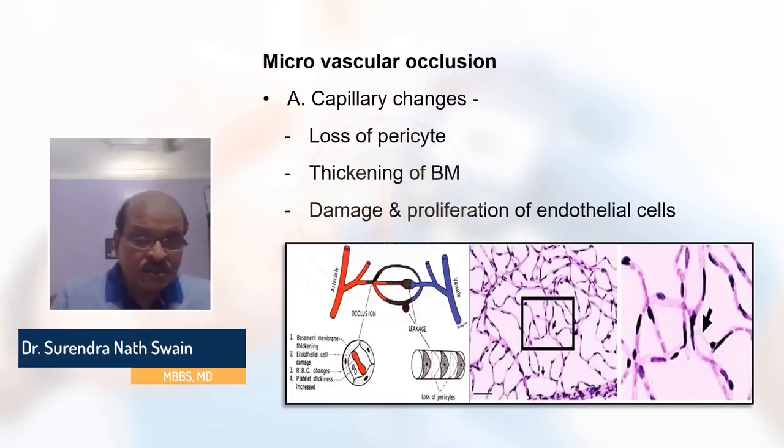So in the picture we have shown, there is occlusion and leakage and the loss of pericytes and RBC rouleaux formation and thickening of basement membrane and so on. So this pathophysiology of loss of pericytes, thickening of basement membrane, damage and proliferation of endothelial cells leads to the capillary changes required for the microvascular occlusion.